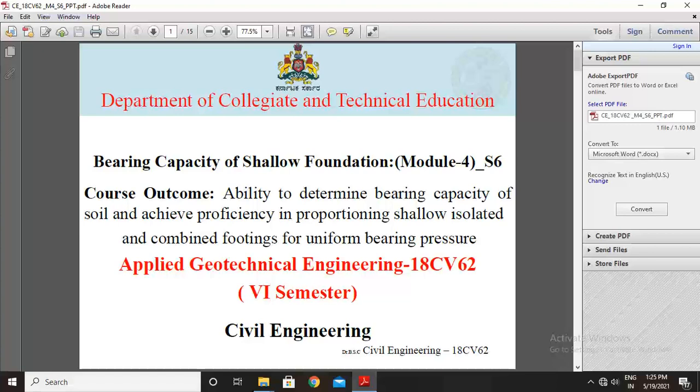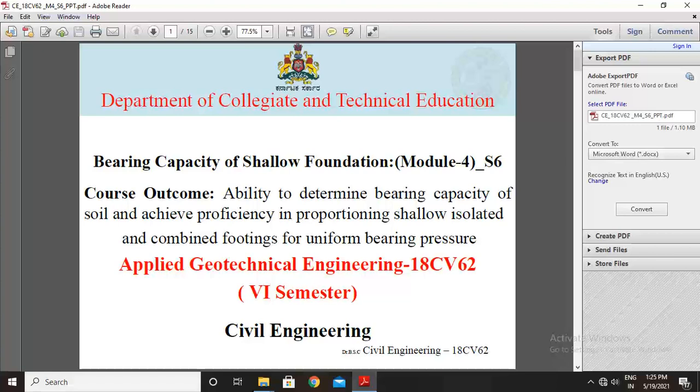Today I want to start session 6 of module 4. Title of module is Bearing Capacity of Shallow Foundation, and course outcome of this module 4 is ability to determine bearing capacity of soil and achieve proficiency in proportioning shallow, isolated and combined footings for uniform bearing pressure.